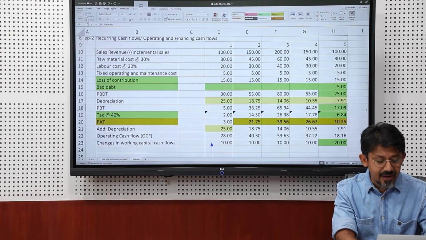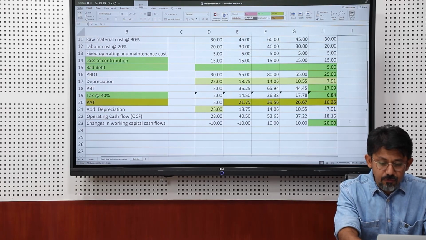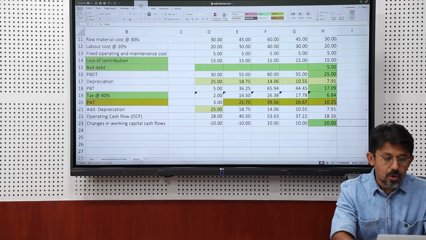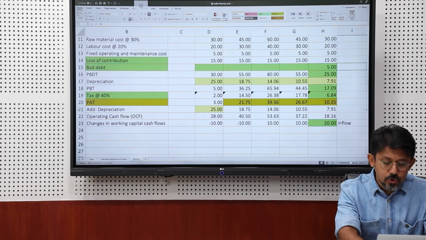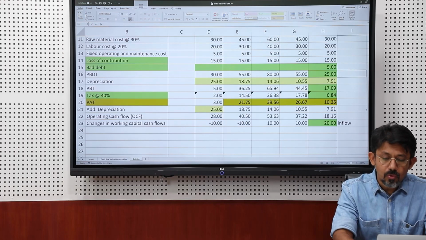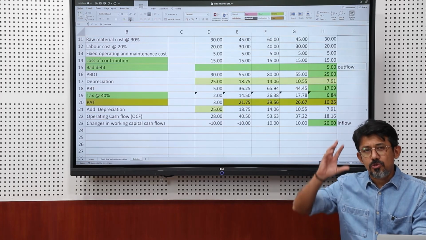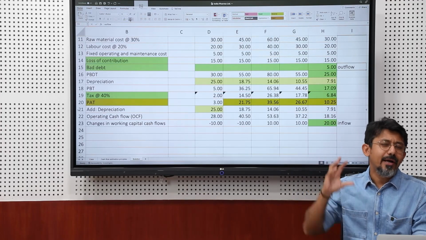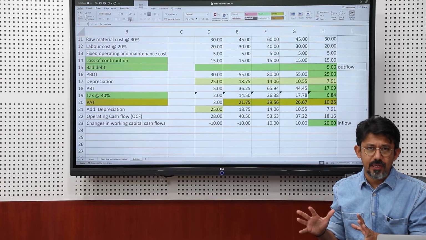So, if I now look at my net impact, I showed an inflow of 20 million over here in the last year, and I am showing an outflow of bad debt of 5 million. So, 5 as an outflow, 20 as an inflow, the net impact has come down to 15.